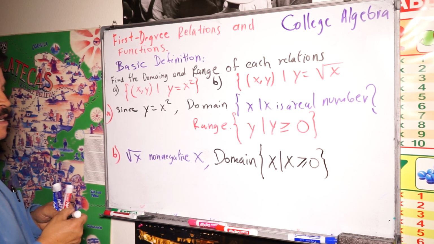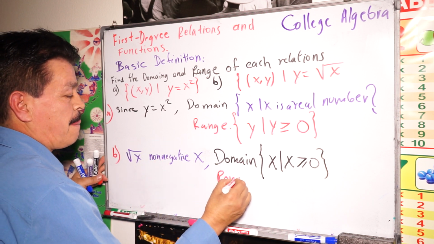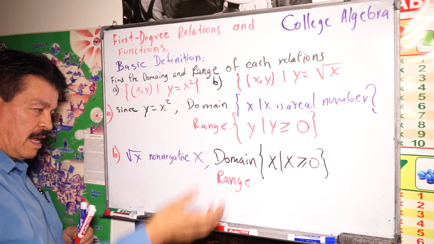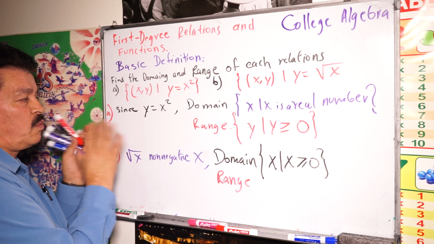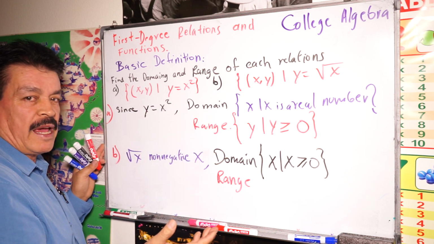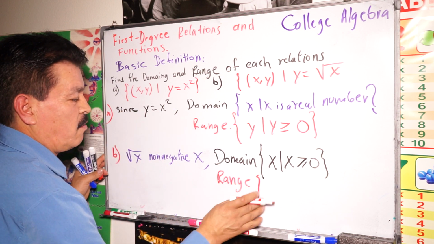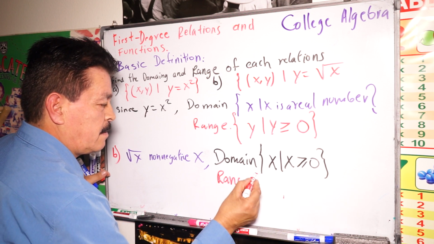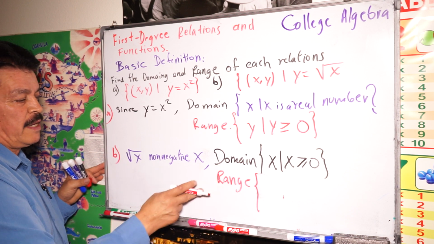That's the domain. What about the range? Remember, this is the first class for this unit, and in the next weeks we are going to go deeper into this kind of problem. Right now, we just have to be able to tell the difference between domain and range. In problem B, what is the range?